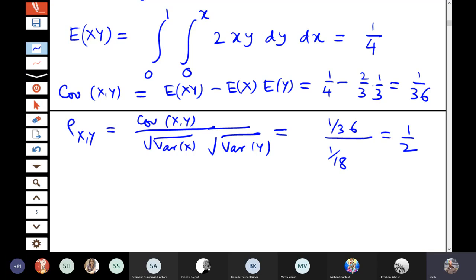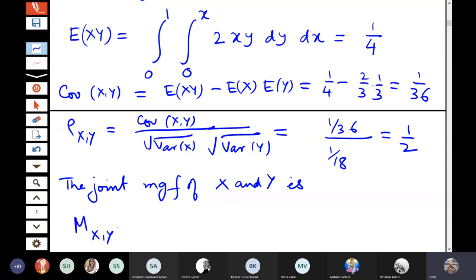Next, we consider the joint moment generating function of x and y. That is defined as M_XY at points s and t.